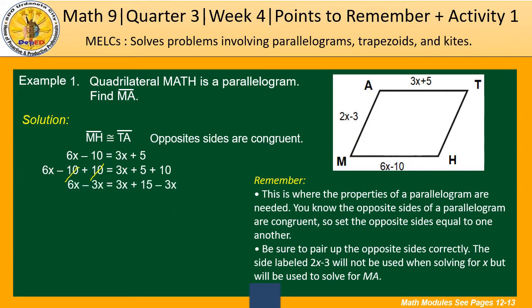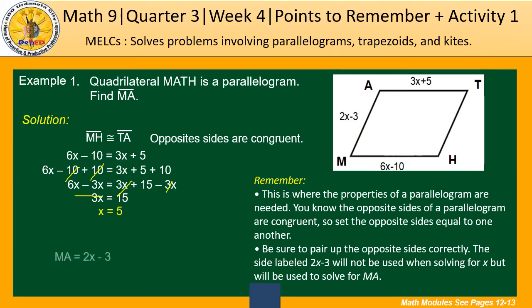Using the subtraction property, this will be cancelled out. So this is now 3x is equal to 15. Divide it by 3, so x is equal to 5.